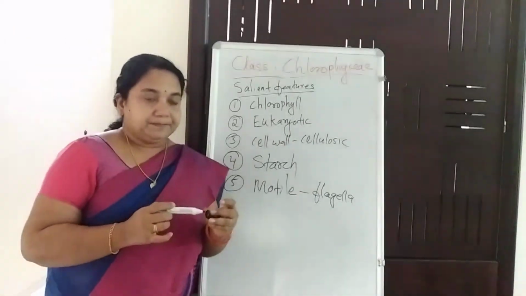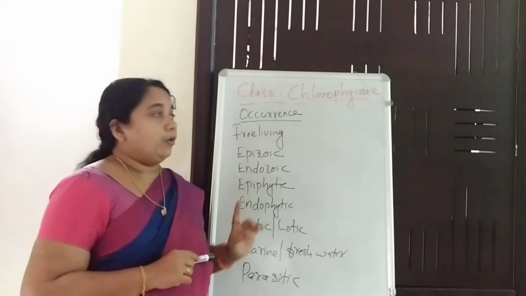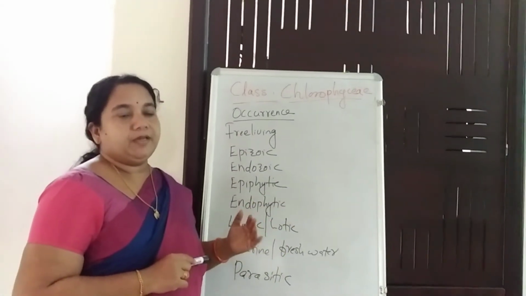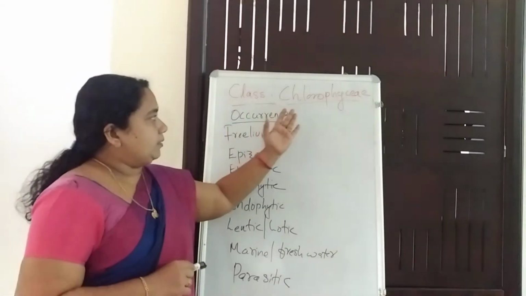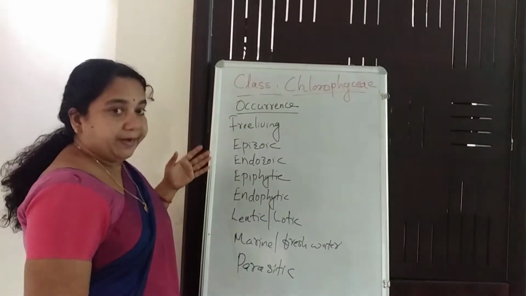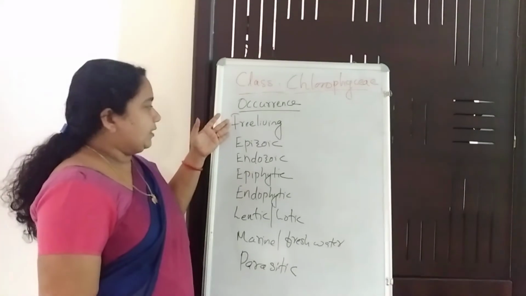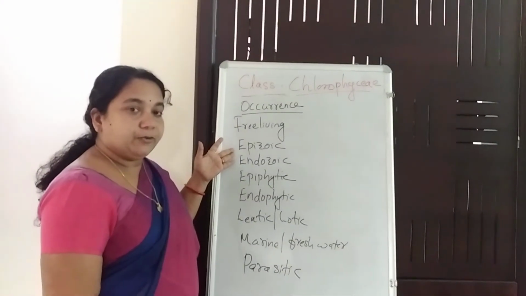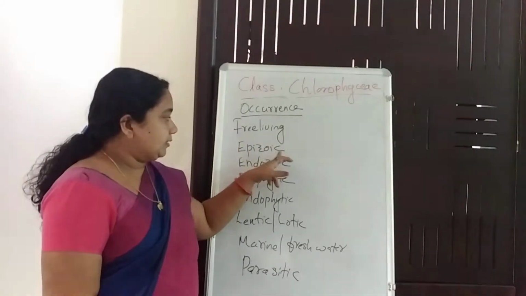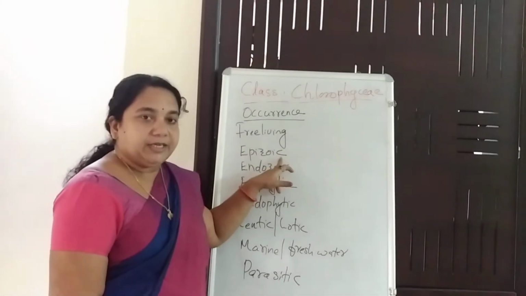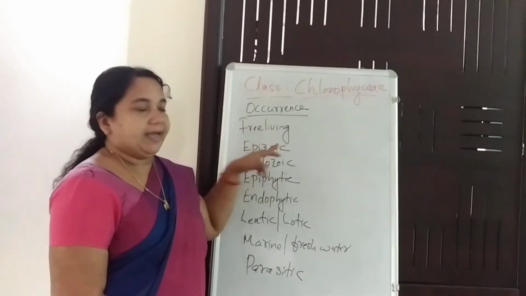Okay students, we can have a look at the occurrence of this Chlorophyceae group. The species of algae which belong to Chlorophyceae occur in different habitats. That is free living types, epizoic. What is epizoic? Zoic means animal related, so epizoic means algae which live on the surface of animals.